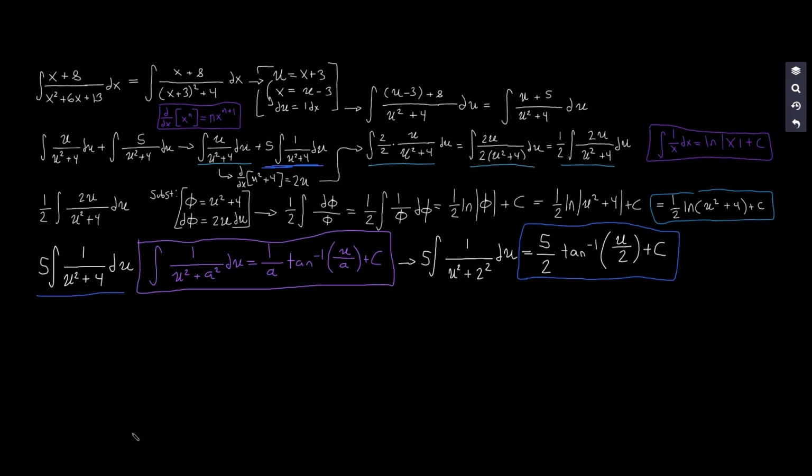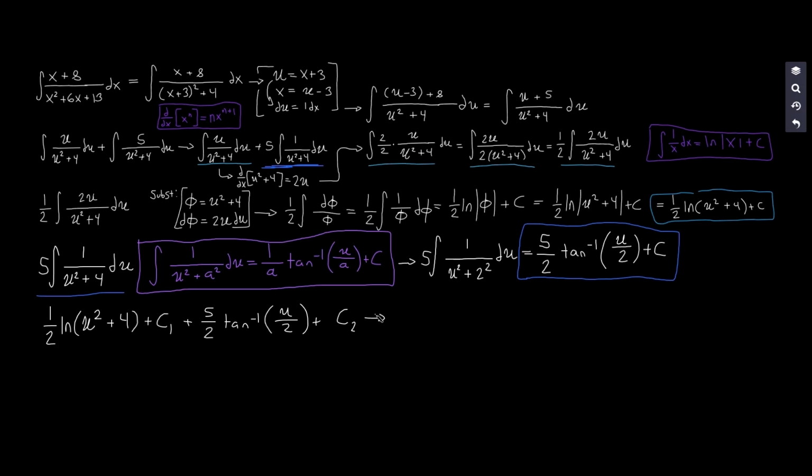That's going to be 1/2 natural logarithm of u squared plus 4 plus the first arbitrary constant, plus 5 halves times arctangent of u over 2 plus our second arbitrary constant.